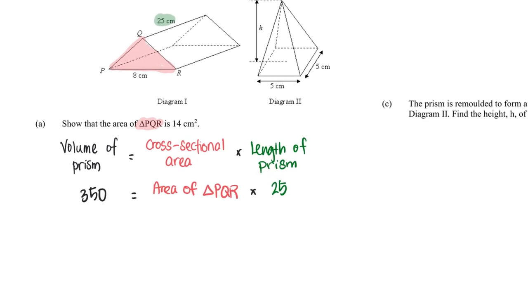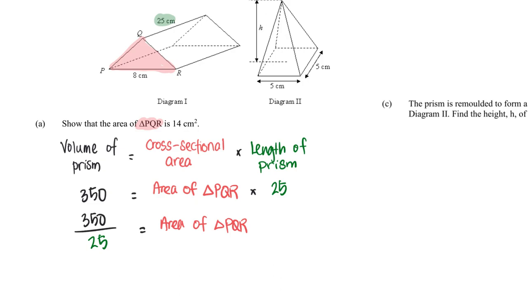So from here I can then find my area of my triangle. I just need 350 divided by 25. Very good.